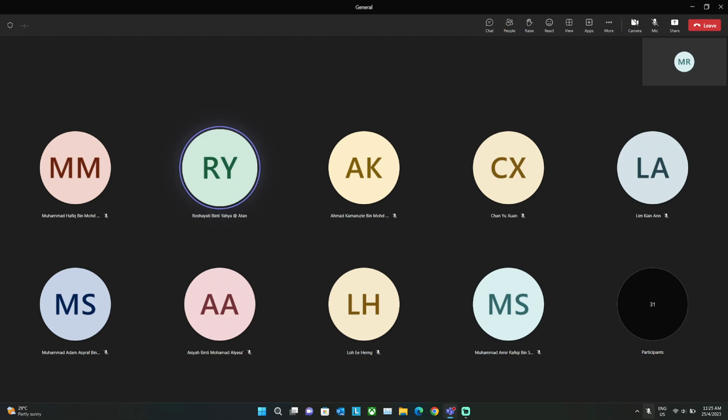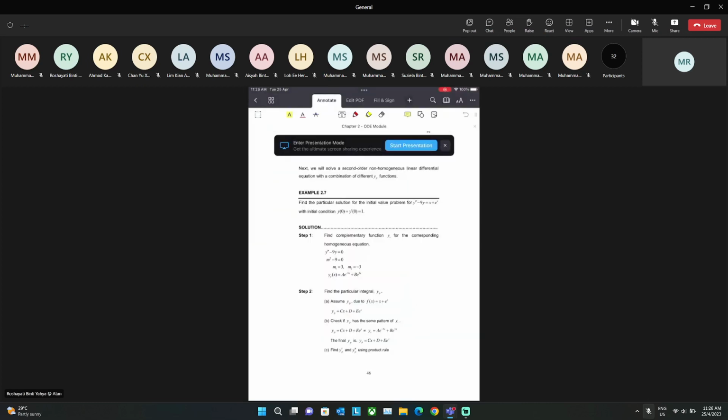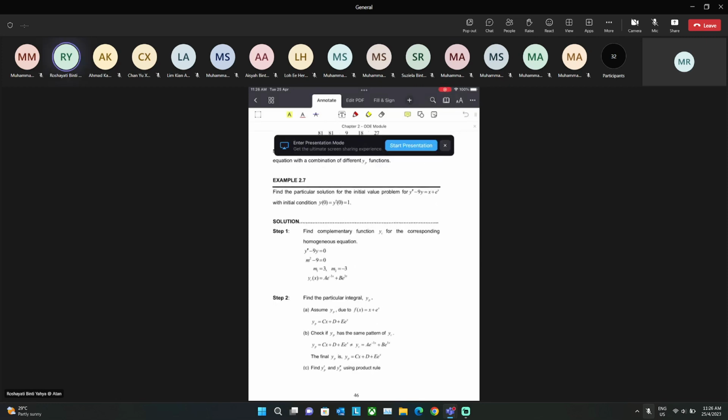For those who have the module, please refer to example 2.7 page 46, right? Alright, class, this example 2.7.